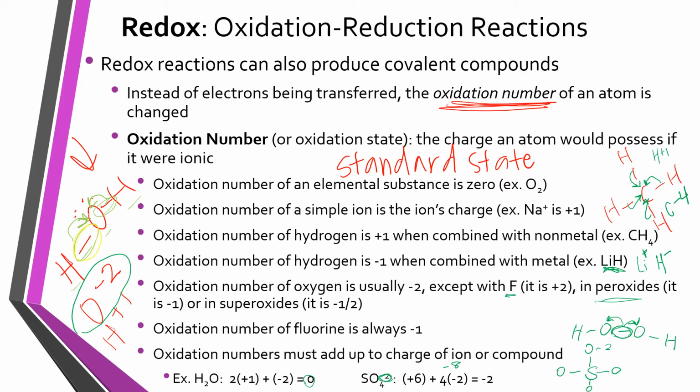And then sulfur already has 2 electrons on it. It's going to get 1 from each of these bonds, so it's going to be +6. So +6 minus 8 is -2. You can also do this simply by saying, we know oxygen's -2, negative 2 times 4, total is negative 8. I need this to add up to negative 2, so sulfur has to be plus 6.